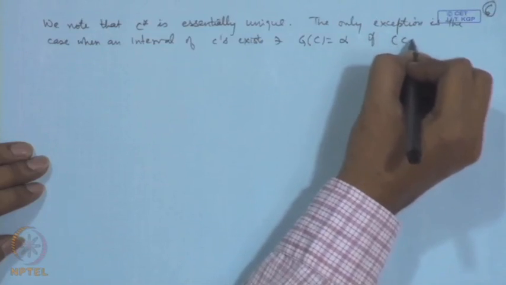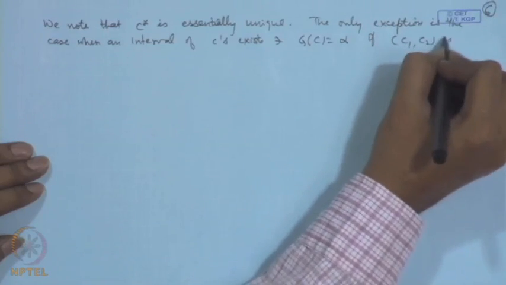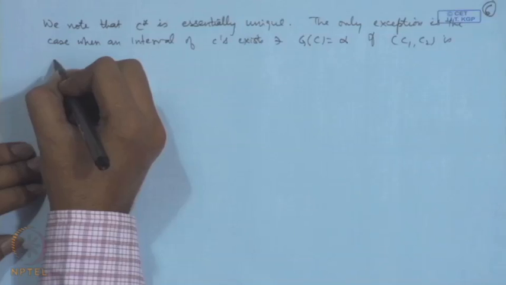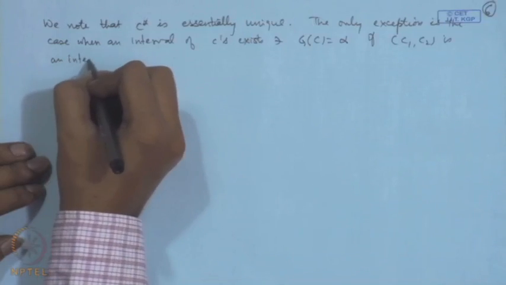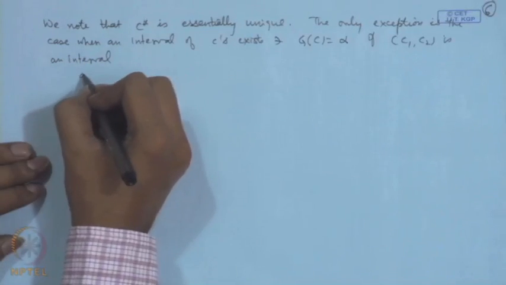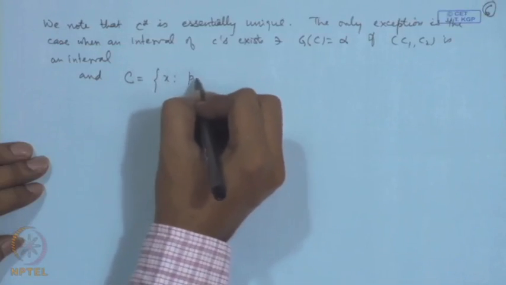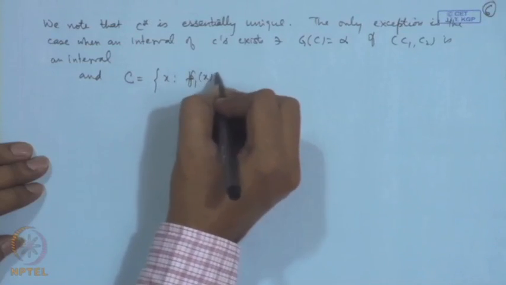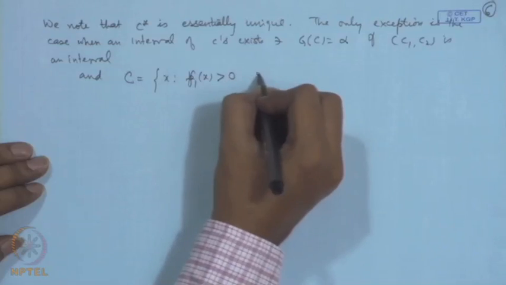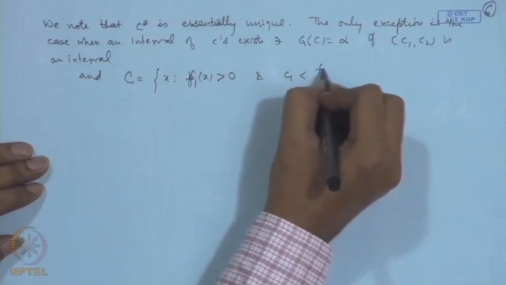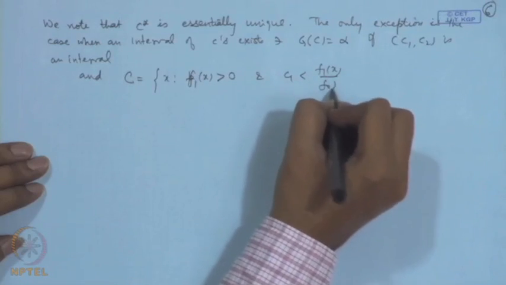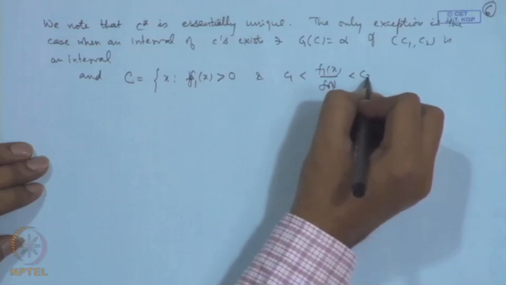If C 1 to C 2 is an interval of this nature and we consider the set C to be the set of all those values where f 1 is greater than 0 and C 1 less than f 1 by f naught is less than C 2.